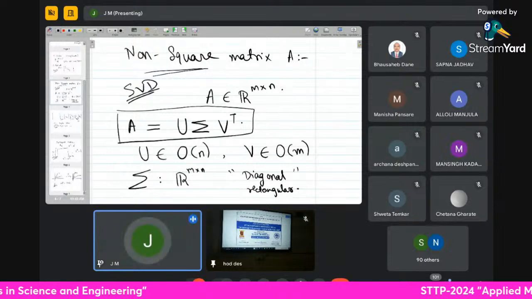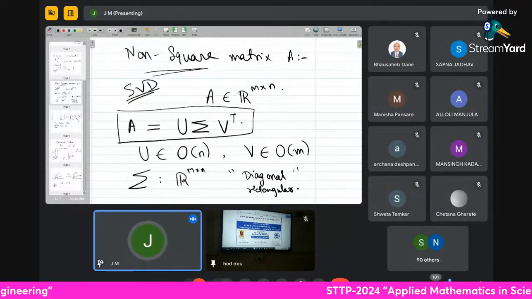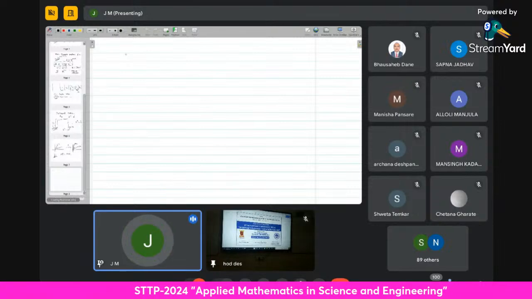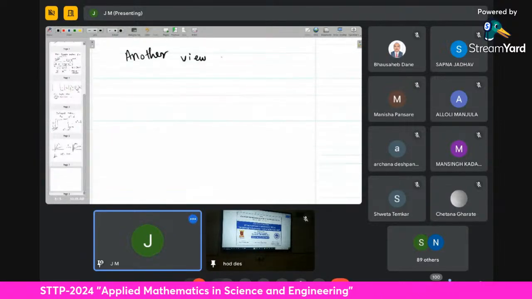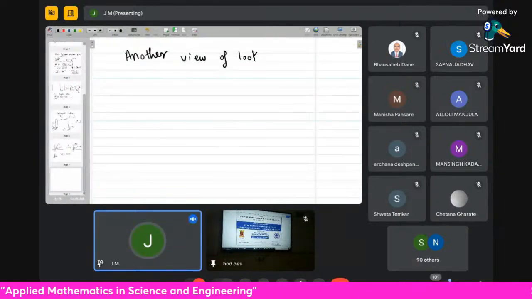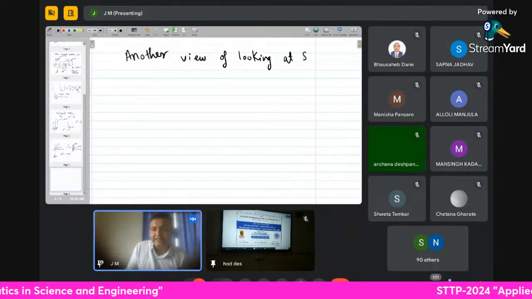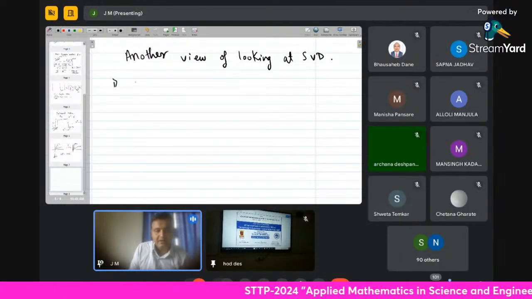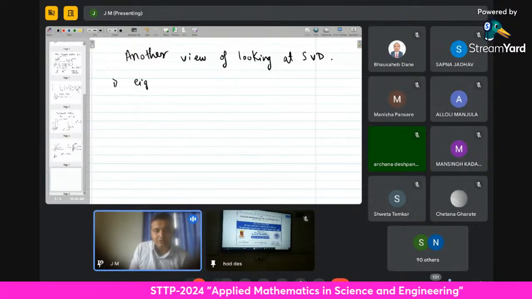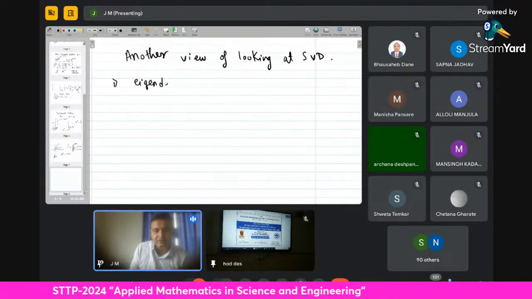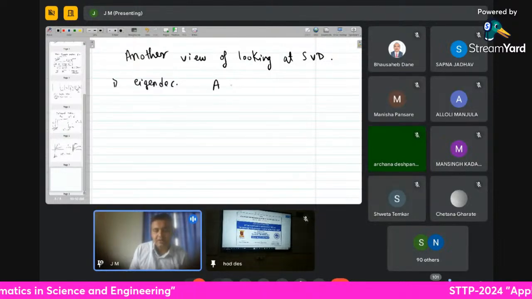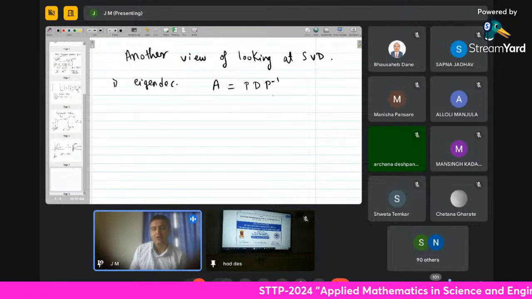Now this is one way of looking at the singular value decomposition. Another view of looking at SVD. You have studied eigen decomposition, or diagonalization. There we write any square matrix A as a product of three matrices P, D, P inverse.